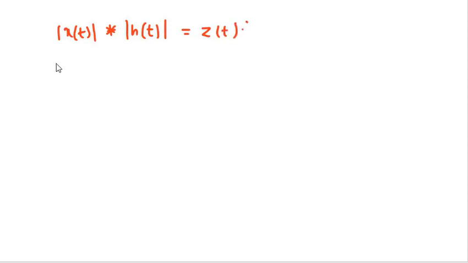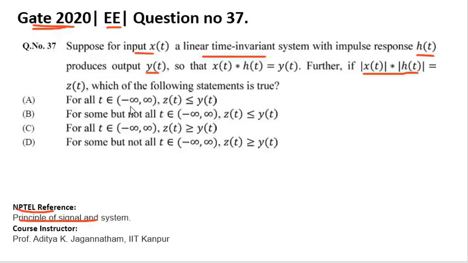So you need to find out the condition between z(t) and y(t), whether z(t) is greater than or equal to y(t) or less than or equal to y(t), or on what condition of t z(t) is less than or greater than y(t).